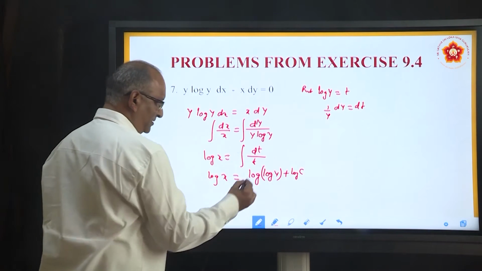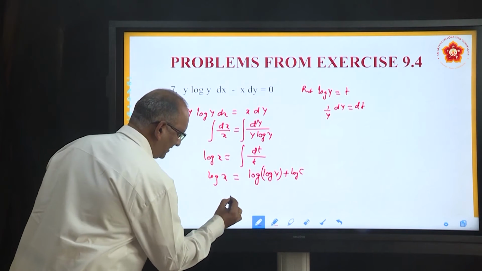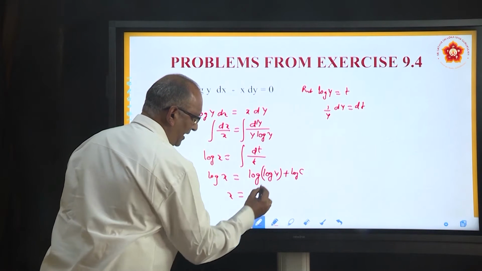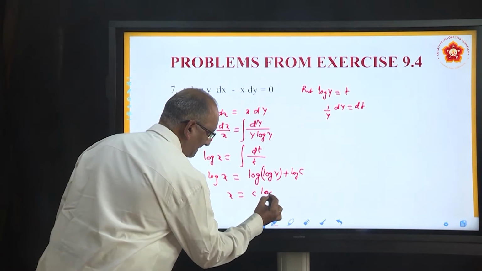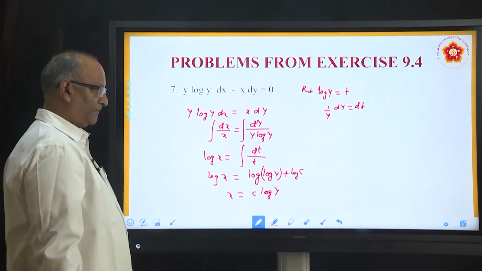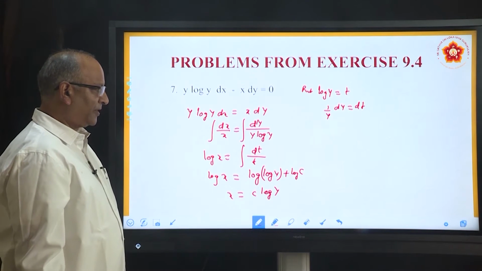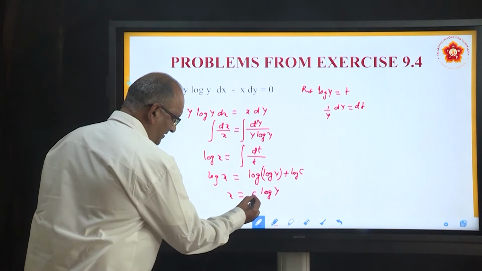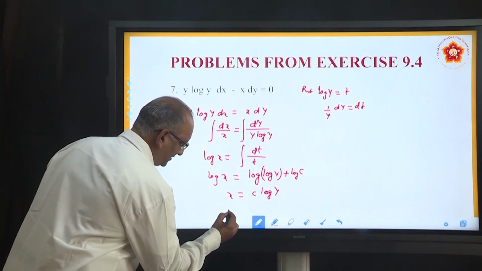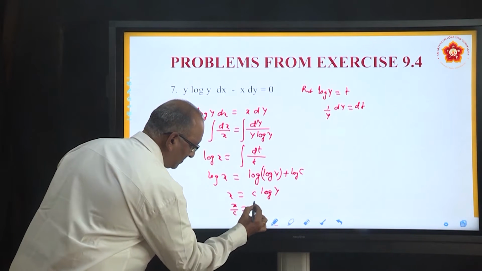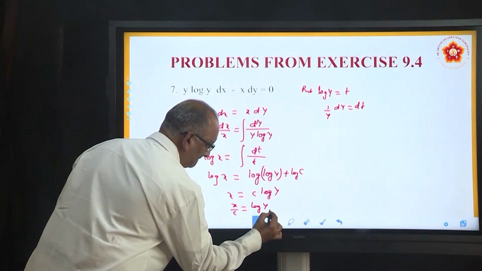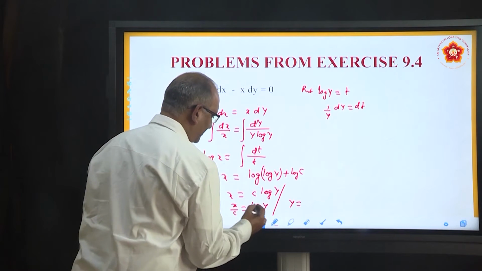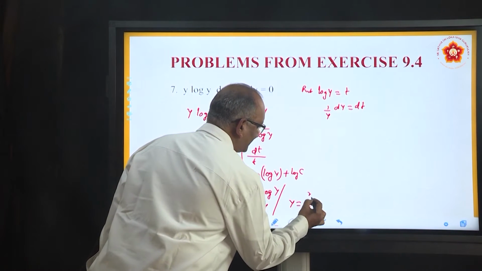So, what happens? These two can be clubbed together, and we can say that log x is equal to log c plus log y, since log m plus log n is log mn. So, it is c log y. You can leave this itself as the answer, or you can take c to the denominator, x by c equal to log y, or this same thing can be written as y is equal to e to the power x by c.